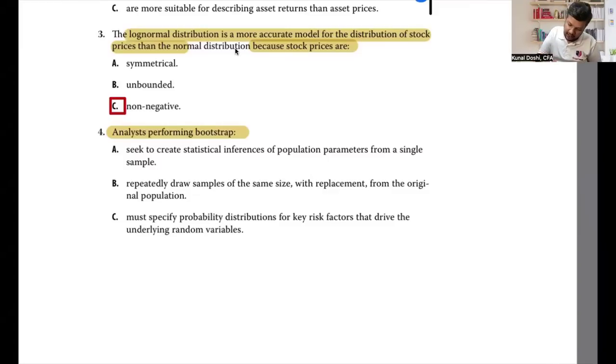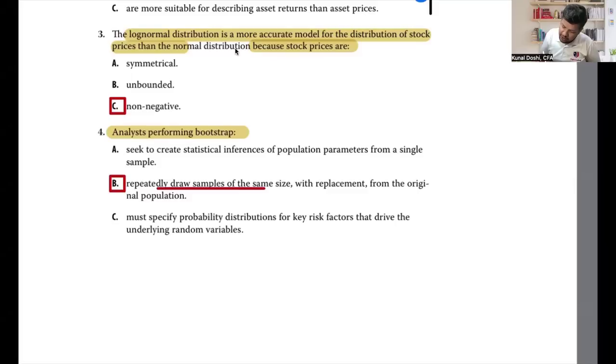That is called bootstrapping. Seek to create statistical inference of population from a single sample? No. Repeatedly draw samples of the same size with replacement from the original population? Yes. We constantly keep on drawing the sample. So it's a very computing-intensive, very monotonous process, but that is called bootstrap.